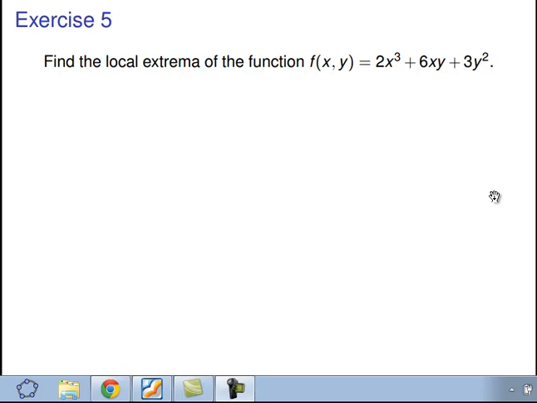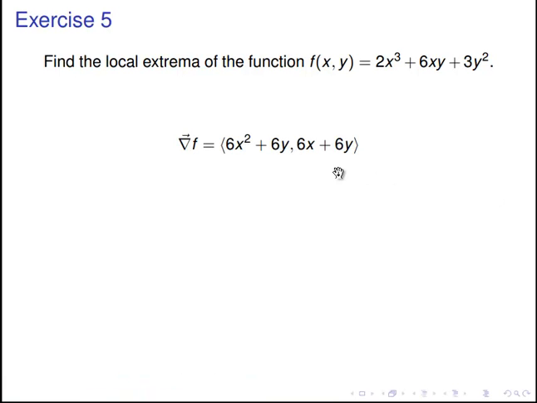So as usual, we're going to start by looking for the gradient of the function in order to find the critical points. And the gradient in the x direction will be 6x squared plus 6y, and in the y direction 6x plus 6y. The gradient will be 0 when 6x squared plus 6y is 0 and 6x plus 6y is 0.